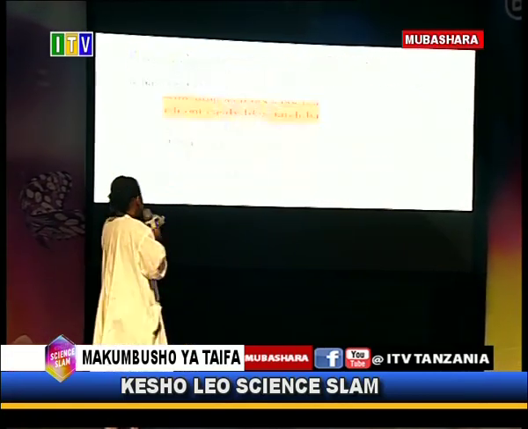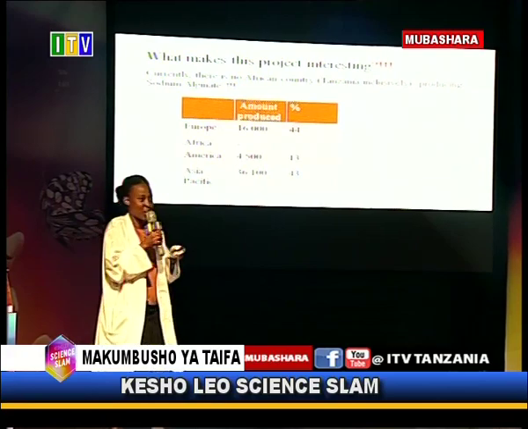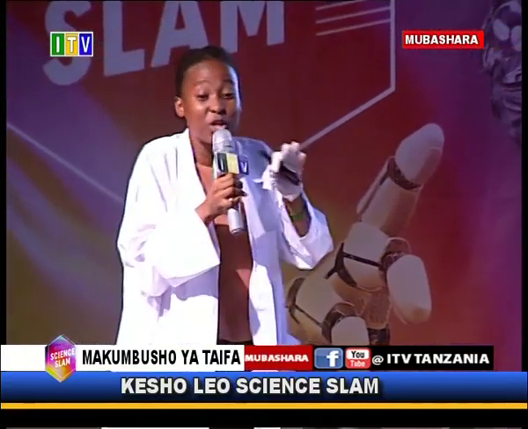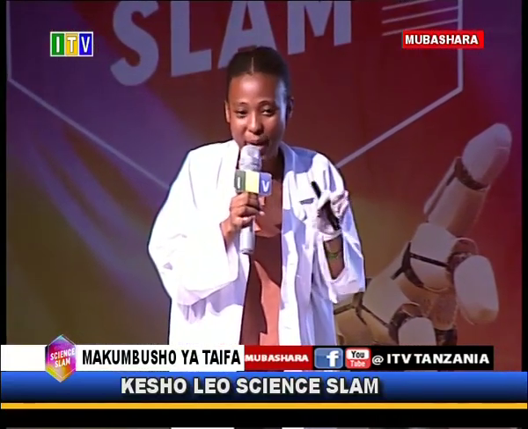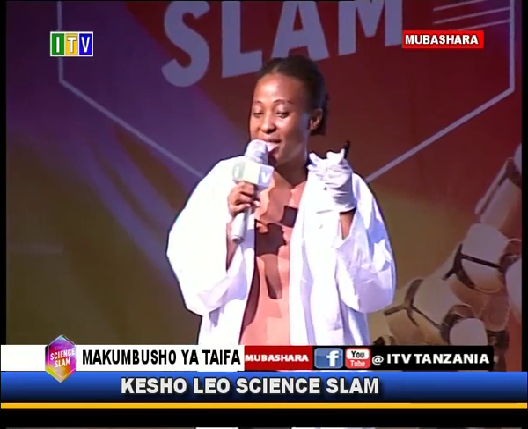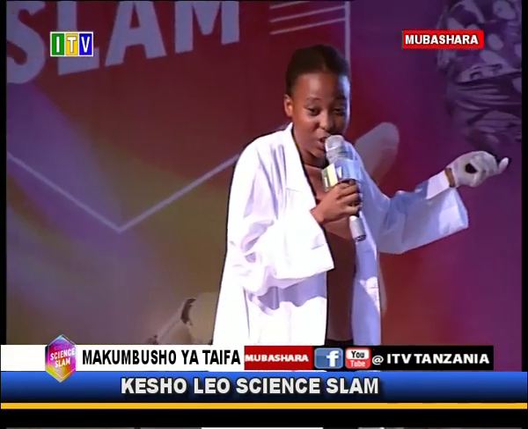So what makes my project interesting? What makes my project interesting is that currently in the country, or in Africa actually, there is no country that is producing sodium alginate. It's very funny because we are surrounded by the Indian Ocean, the Atlantic Ocean, the Red Sea, and the Mediterranean Sea, and wonderfully enough, we are not making such a product while we have the raw materials easily available, and it's actually farmed in Zanzibar here in Tanzania.